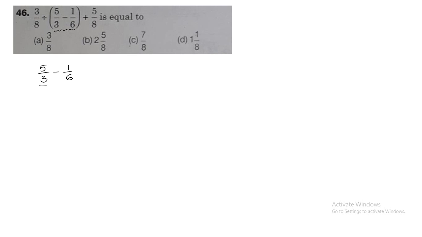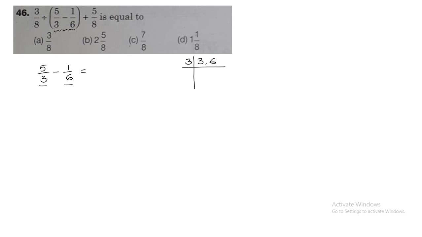But if you observe, these two fractions are unlike fractions. Unlike fractions means the denominators are different. So directly we cannot apply the operation. For that, what we are going to do is take out the LCM of the denominators. So what are the denominators here? 3 and 6. So find out the LCM of 3 and 6.